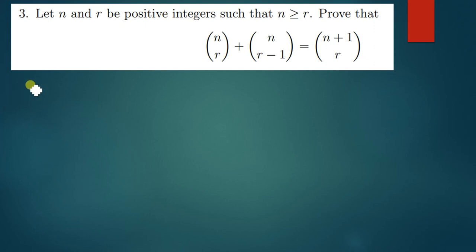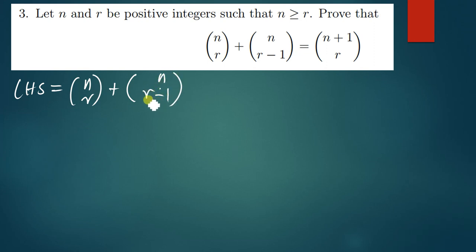So n choose r can also be written as, okay, let me just take the left hand side, which is n choose r plus n choose r minus 1. So every time you are proving something that is equal to another thing, make sure that you get the complicated part and then simplify it into a simpler version.